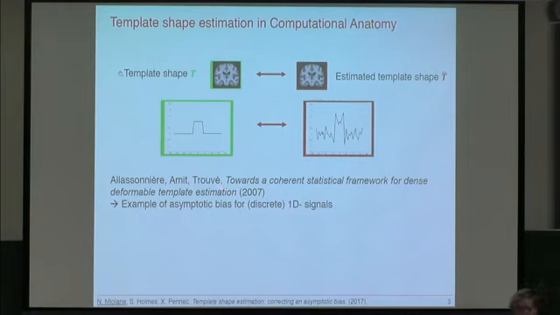They took the usual generative model of the computational anatomy literature, where the template was not a 2D or 3D image, but a 1D image, so a 1D signal. It was this step function that generated some observations, 1D signal observations, and then using the estimation procedure that is used in computational anatomy, even with a very high number of observations, this was the estimated template with all these minima and maxima here.